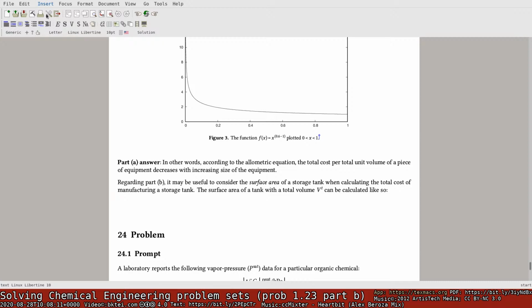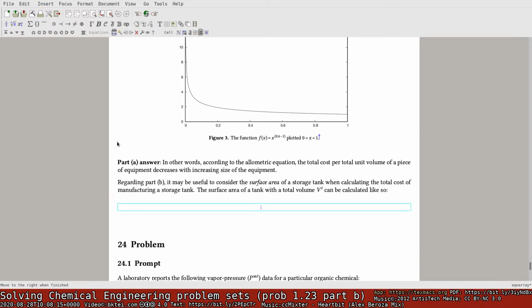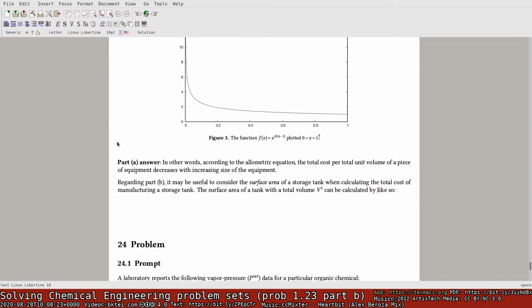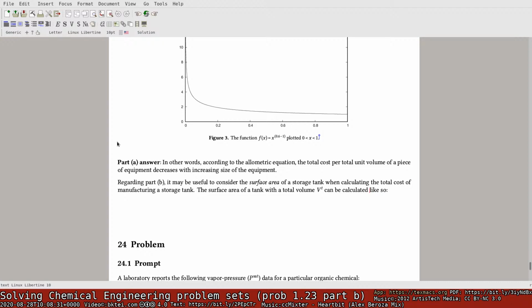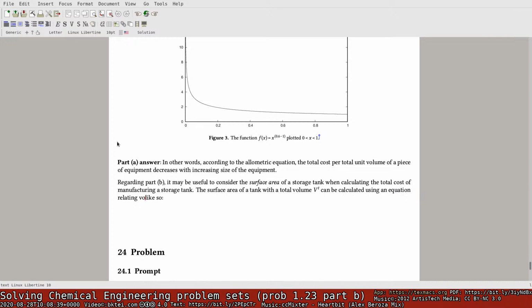We'll put in some equations: surface area can be calculated using equations relating the total volume VT and tank radius.